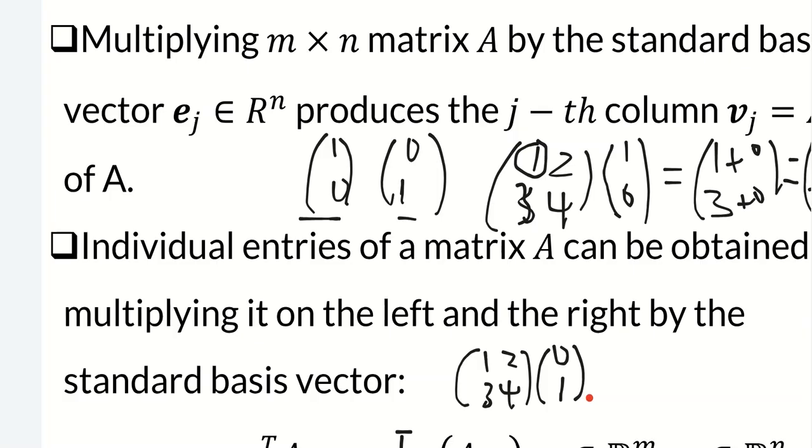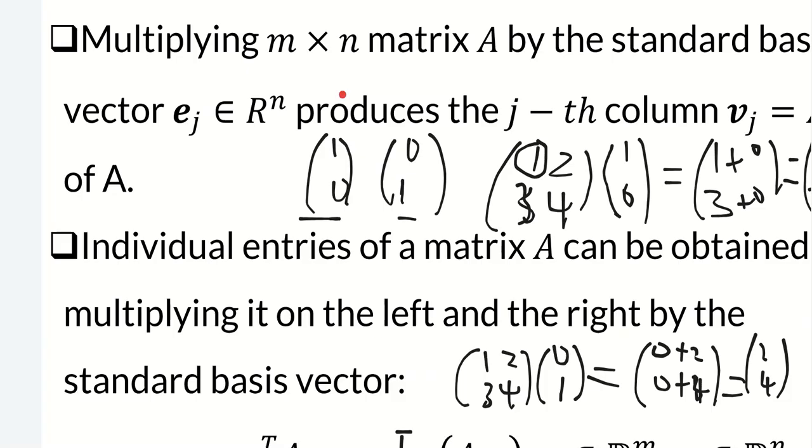Okay, so here we multiply, so we get 0 plus 2, then I think you are going to get 4. Sorry guys. So which is 2, 4, right?